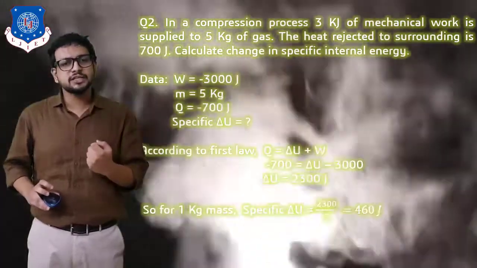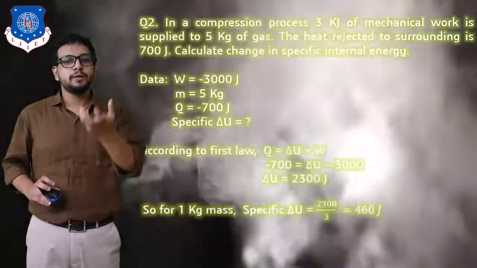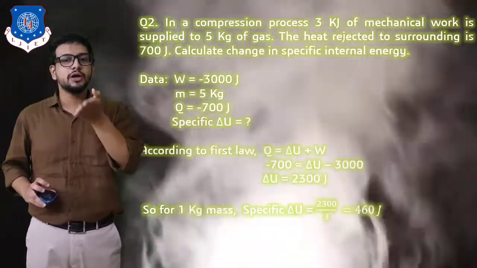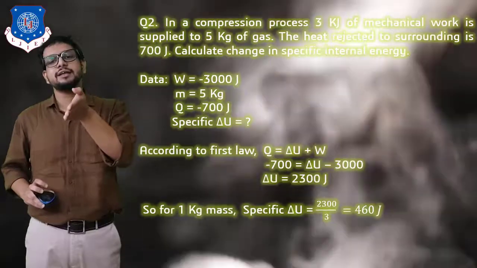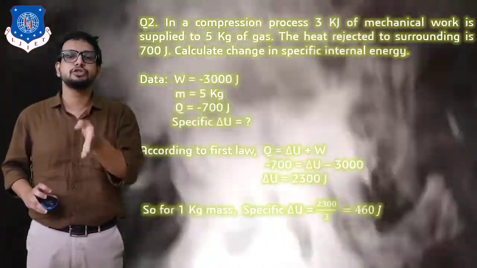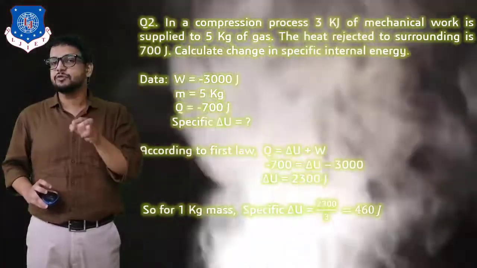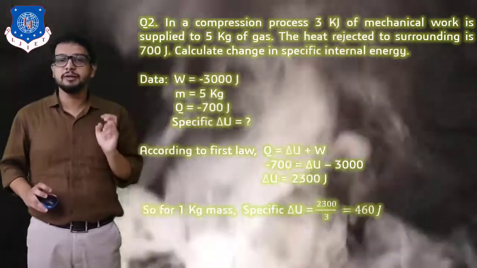So this is a very simple application of our first law, that is Q is equal to delta U plus W. Applying that law, minus 700 is equal to delta U minus 3000. So the answer of delta U is equal to 2300 joule. This change in internal energy is for 5 kg, but for 1 kg how much will it be?